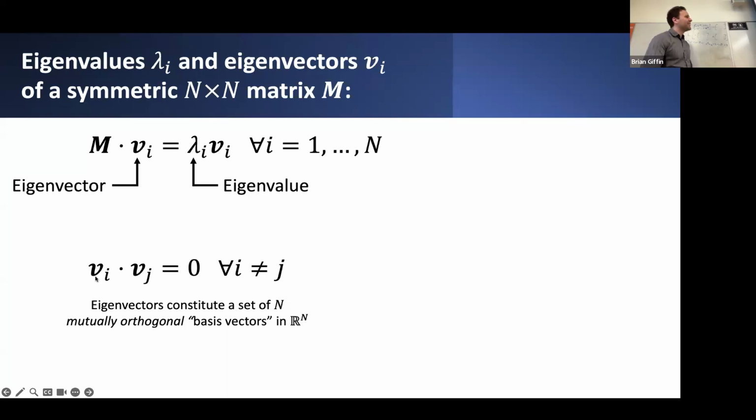Another interesting property is that each of these different eigenvectors are mutually orthogonal to one another. So in a 2-dimensional space, if I said this vector is an eigenvector, it satisfies this property, and it has some corresponding eigenvalue, then I know that if there's some other eigenvector that satisfies this condition, it has to be perpendicular to that original eigenvector.